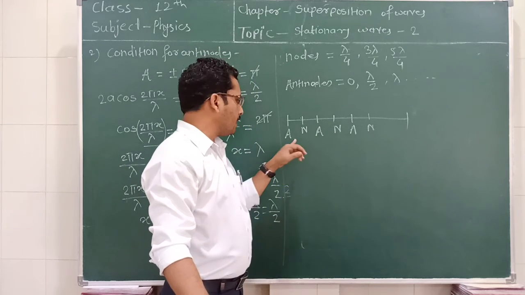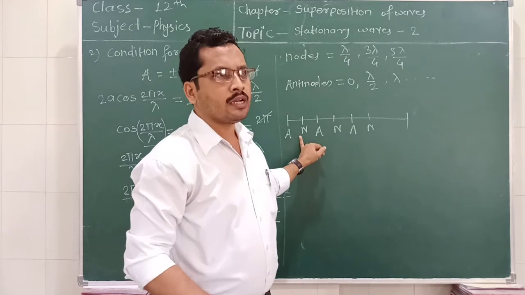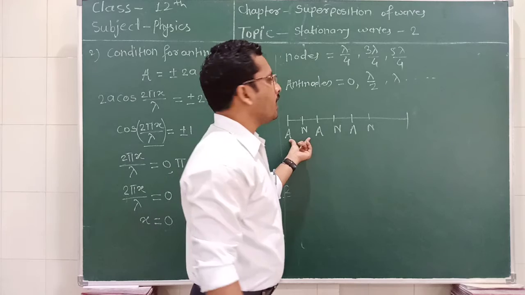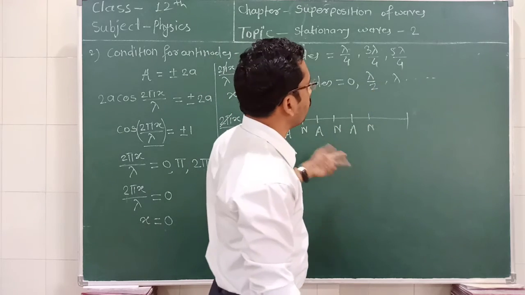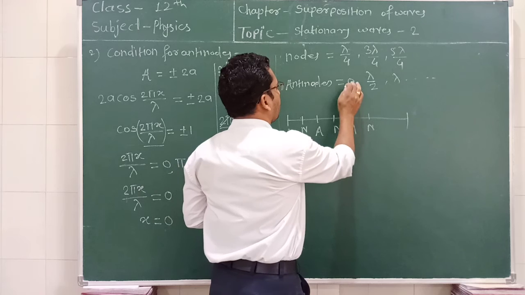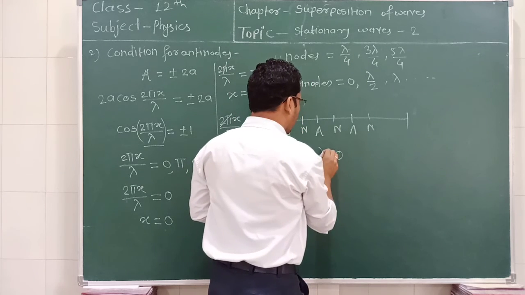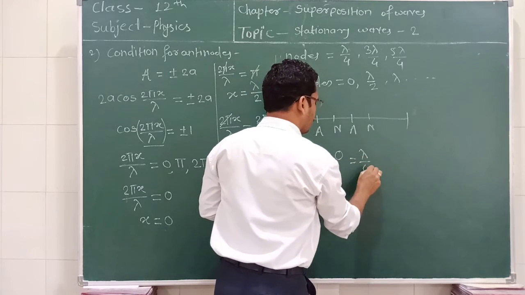If there is a formation of antinode first of all, then it's succeeded by the node. So what is the distance between one antinode and one node? We can subtract this value from this value. If we subtract 0 from lambda by 4, it is equal to lambda by 4 minus 0, which is equal to lambda by 4.